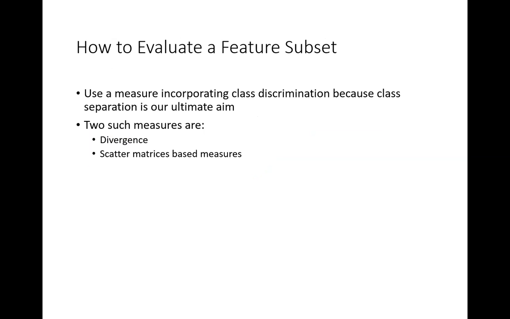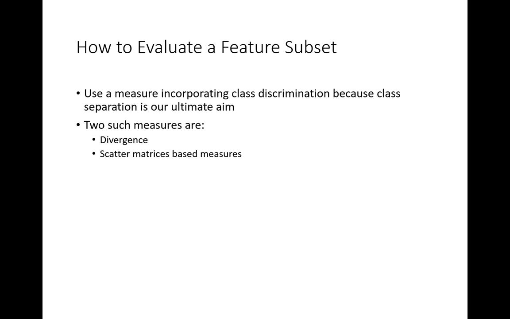So there are two important components in this process. Number one, a way to figure out how to pick a subset. And number two, how to do an evaluation of a given subset. How to figure out whether a given subset is really good or not, all right? So what we need is some kind of measure which tells us whether a subset is good or not.